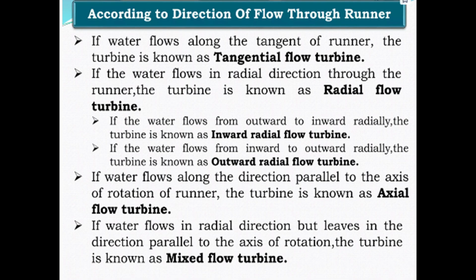Based on that, if the water flows along the direction parallel to the axis of rotation, it is called an axial flow turbine. And if the water flows in the radial direction inwards but leaves in the direction parallel to the axis of rotation, then it is called a mixed flow turbine.